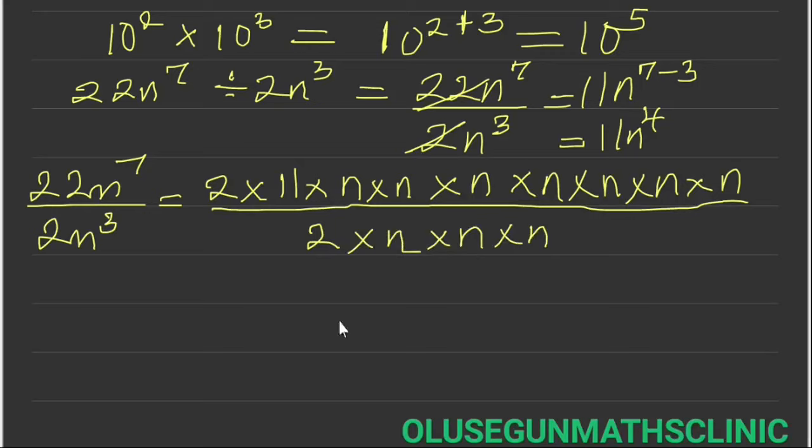The reason why we can't always use this form to solve it is that sometimes the power may be a high number, so it may be difficult to write it one by one. That is why we want to use the law. But in a way to cross-check our answer easily, we cancel these two. 1, 2, 3. So the remaining one will be 1, 2, 3, 4. So the final answer will be 11n raised to power 4. That is all.